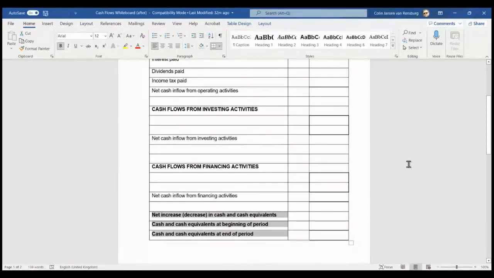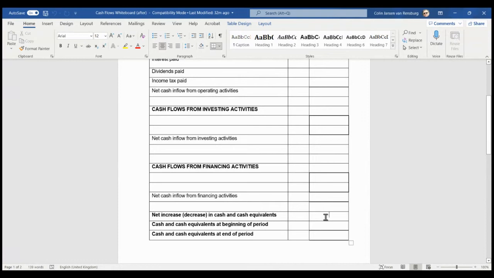Now, ladies and gentlemen, I don't know why, but sometimes students go and change the order of those sentences around. I don't know if some of you have been taught at school differently, but please, this is the correct way to do it. Your first subtotal, if it's a positive, is going to be a net increase in cash and cash equivalents, right? That is how we have to describe it.